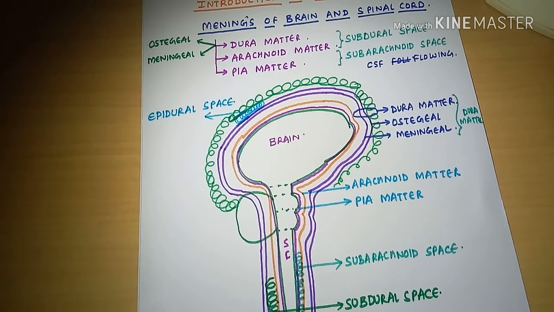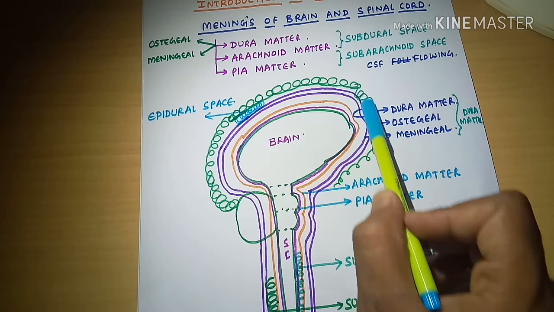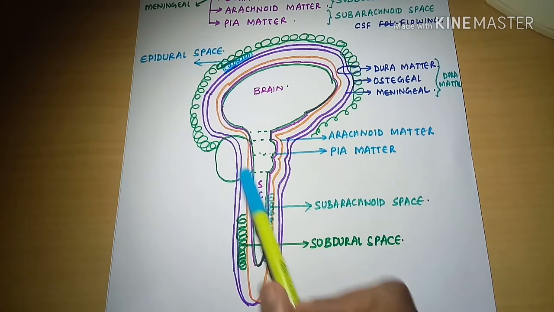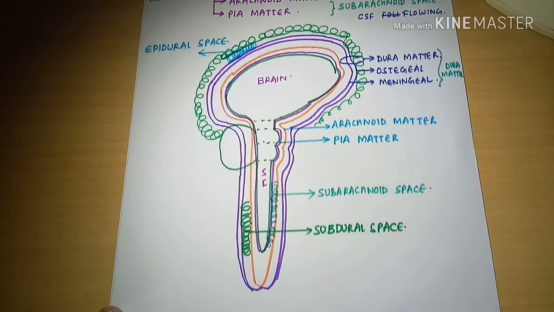This space is important because it is only present in the cranial cavity. It is not present at the level of the spinal cord. So we do not have an epidural space at the level of the spinal cord, but we have an epidural space at the level of the brain or cranium.